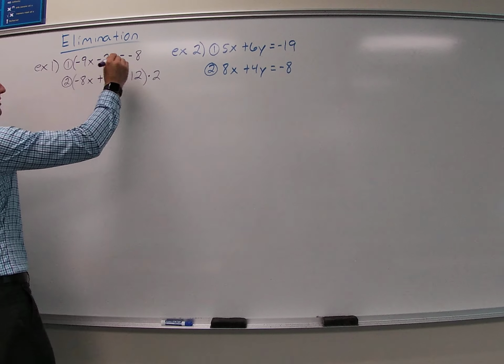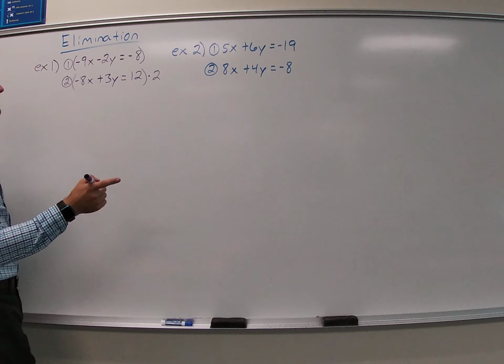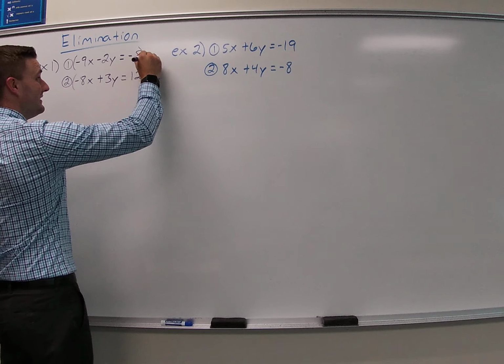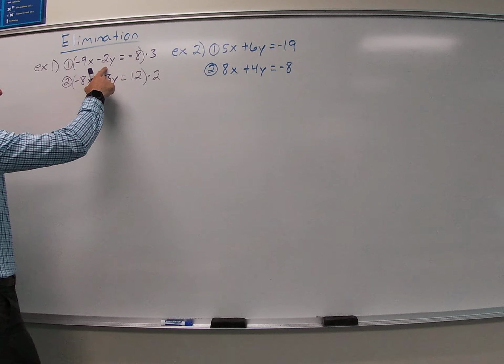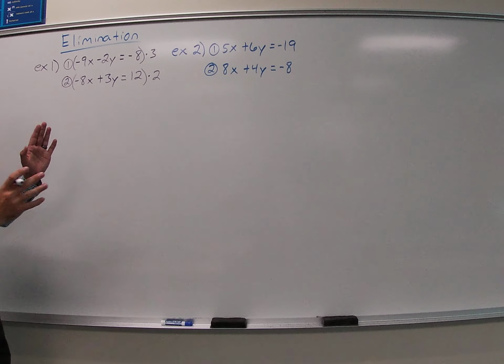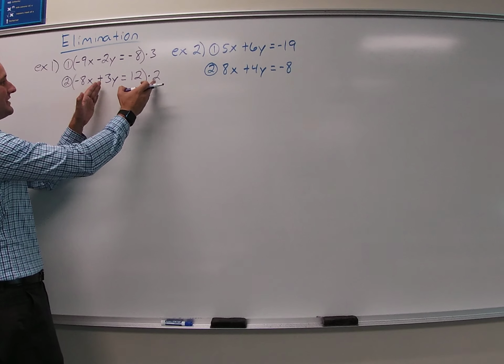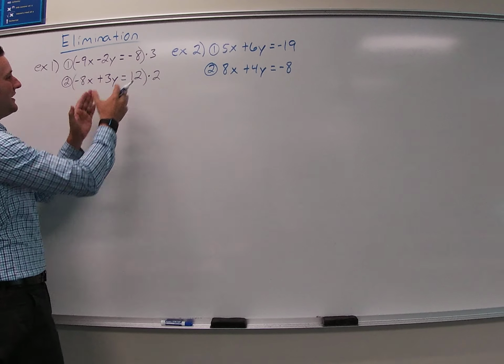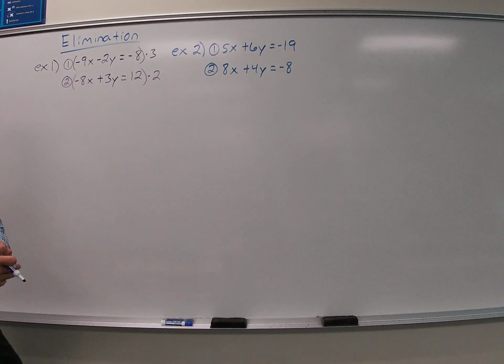And then I'd also have to multiply this entire line 1 by 3 to make this a negative 6. Isn't a negative 2 times 3 a negative 6? So if I do that, I will get a positive 6 here and a negative 6 here, and only then will those be able to be canceled out.